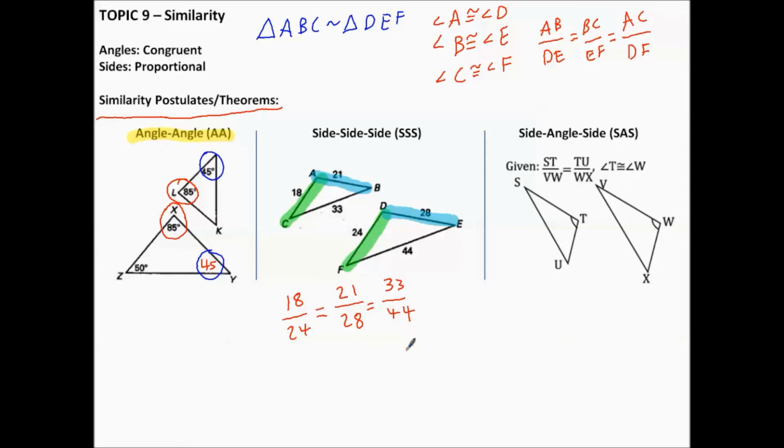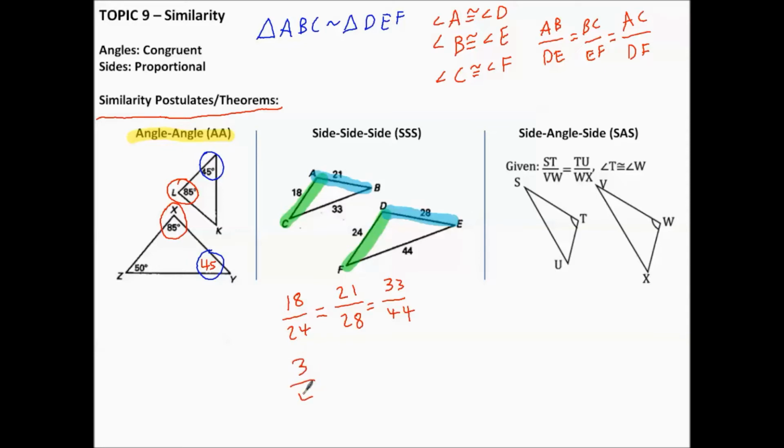And before panicking, plug all these into your calculator. Hit math, enter, enter to simplify those fractions. What do we get? When you enter all of these in, each one, before you turn it back into a fraction, uses the same decimal of 0.75. We never want decimals when we're dealing with similarity. You always want to put it back into a fraction.